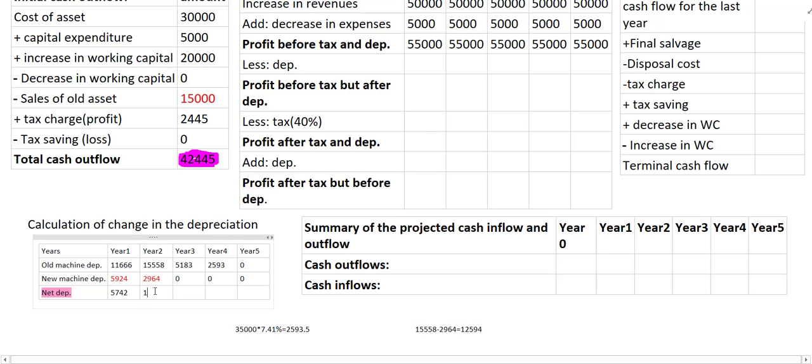So it is 12,594, right? So now let us mention it here.